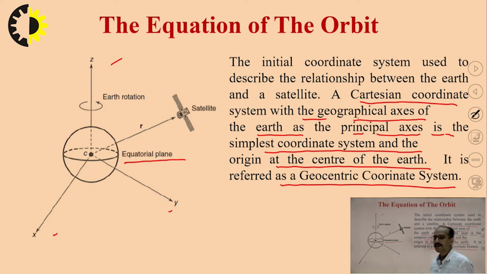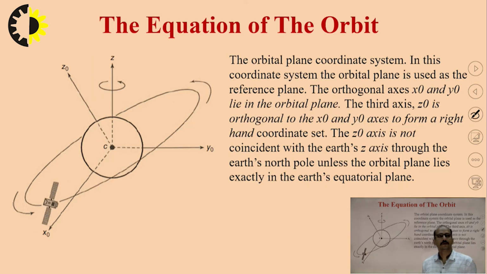So when you place the earth and a satellite on the Cartesian coordinate system, it becomes a geocentric coordinate system. So how are we going to calculate this equation of the orbit?